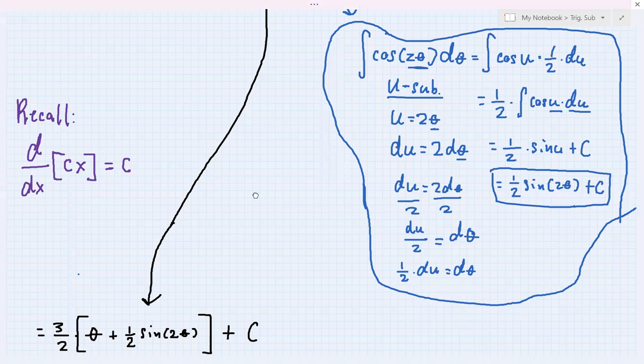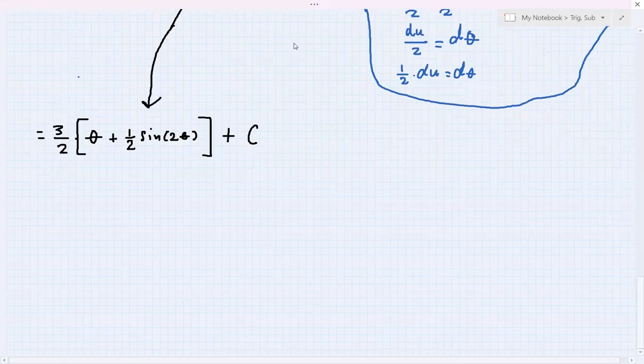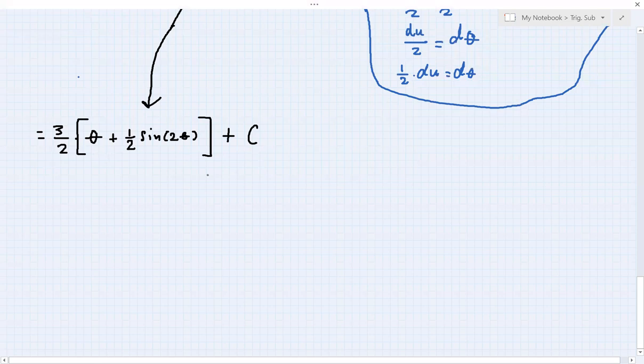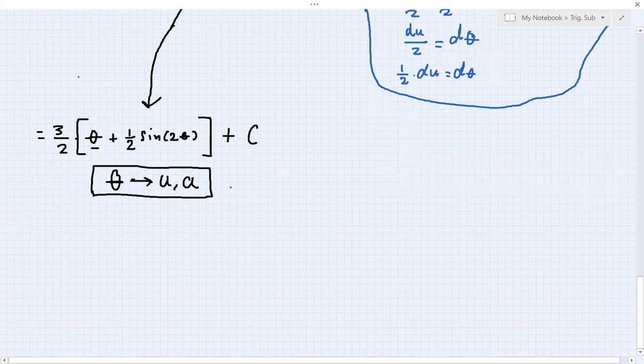So dito, first step na gagawin natin is balikan natin tong si theta, from theta to u at saka si a. Ito yung first step natin gagawin.